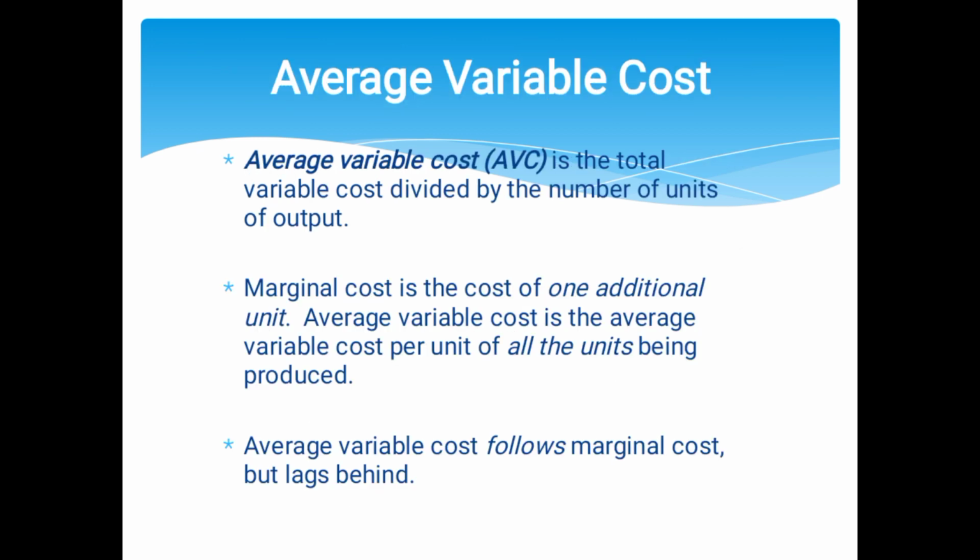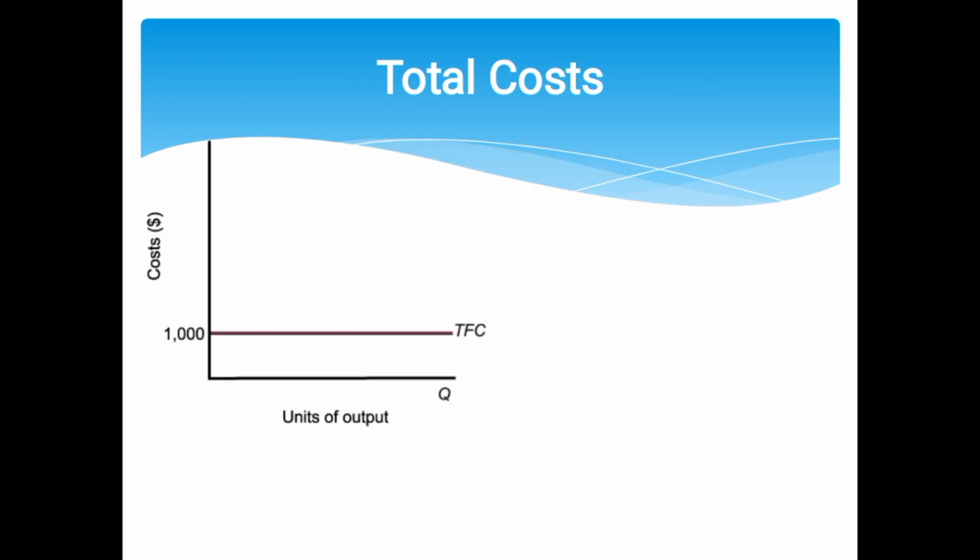Average variable cost or AVC is the total variable cost divided by the number of units of output. Marginal cost is the cost of one additional unit. Average variable cost is the average variable cost per unit of all the units being produced. Average variable cost follows marginal cost but lags behind.